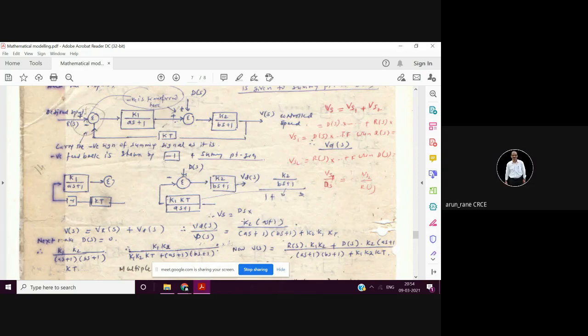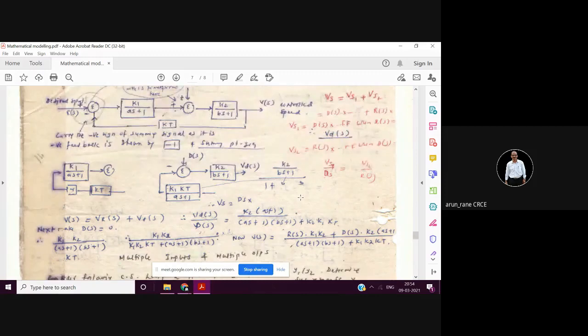So your transfer function will be: your output is Vs1 upon your input Ds, which is equal to A upon 1 plus AB, okay?